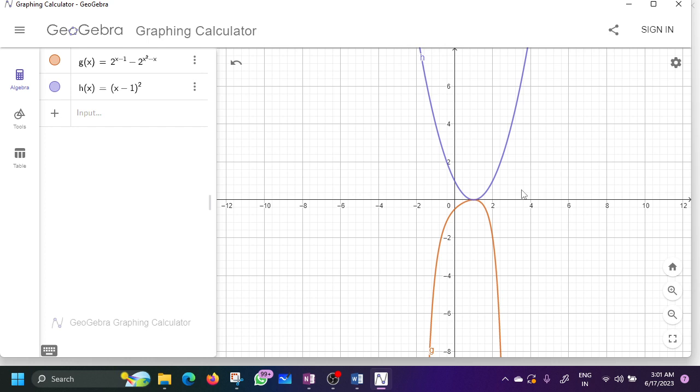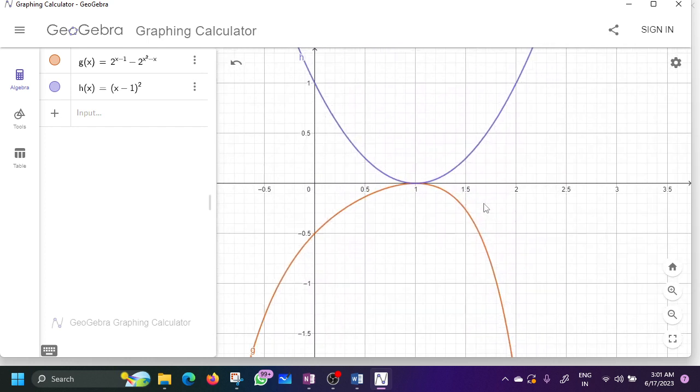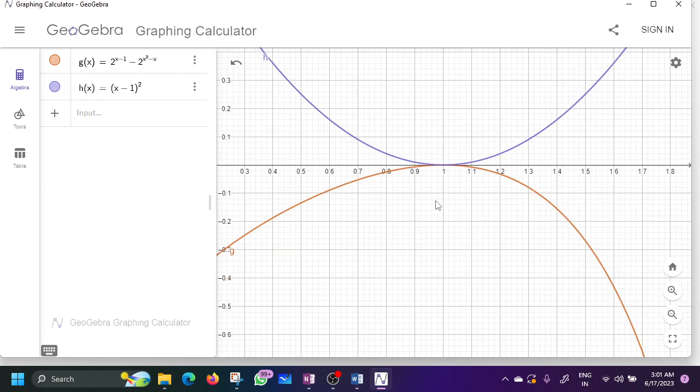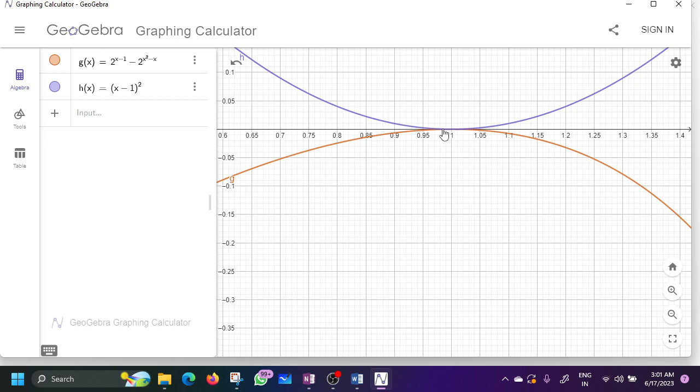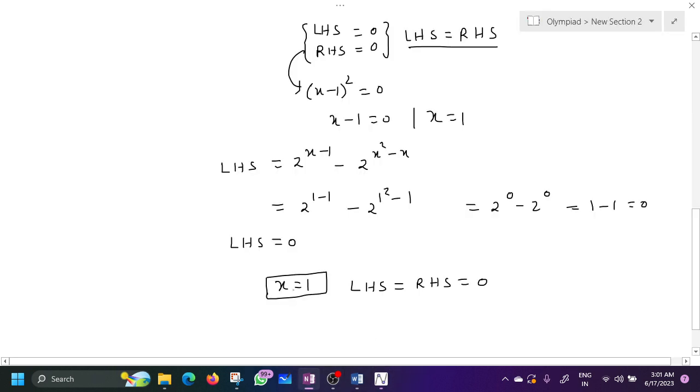They are actually touching at a single point, and that point is 1. Both graphs are touching each other at this point. So this is the only solution, because except this point the graphs are not touching or intersecting each other anywhere. So the only solution that we got is x equal to 1.